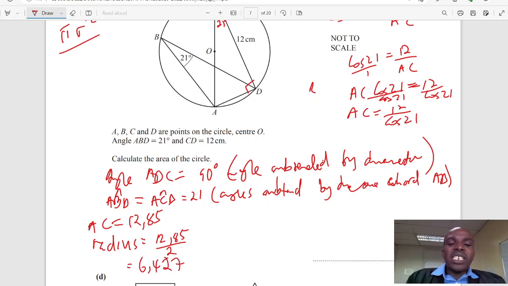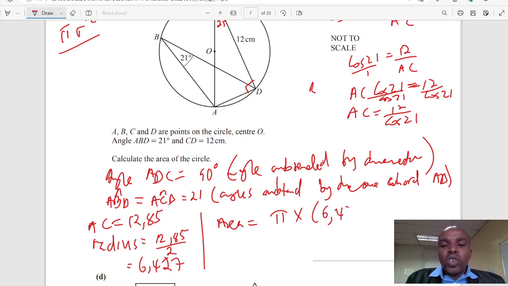6.427. That's my radius. So to find the area of a circle now, area is pi r squared, which means pi times radius, that is 6.427 squared. So I can say this one squared times pi.